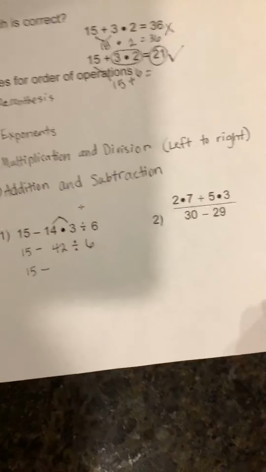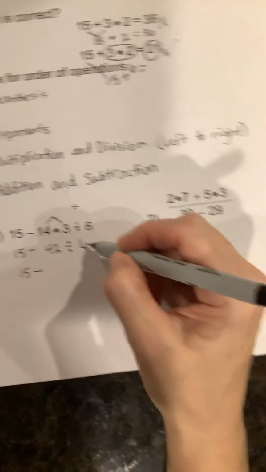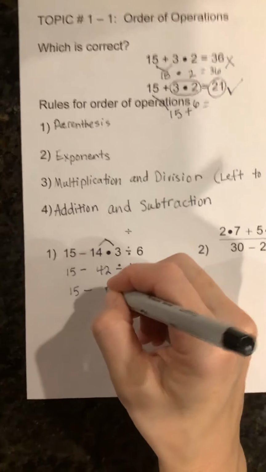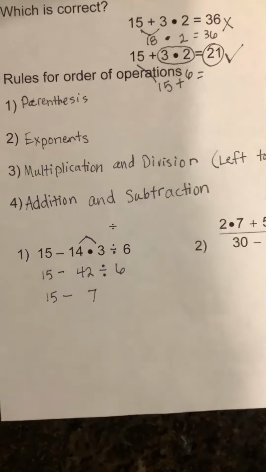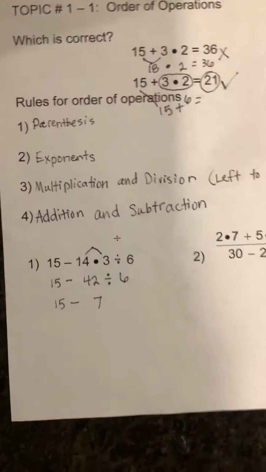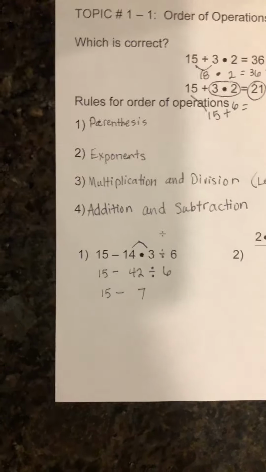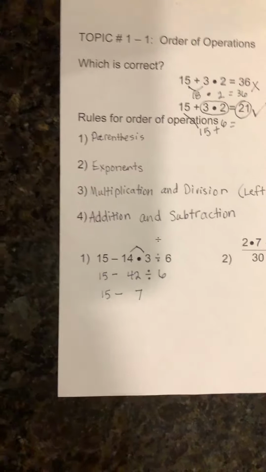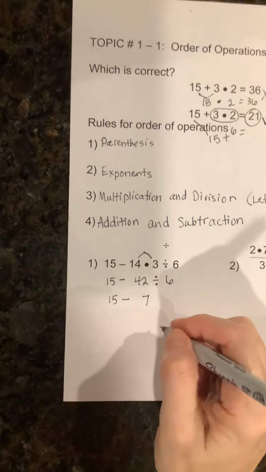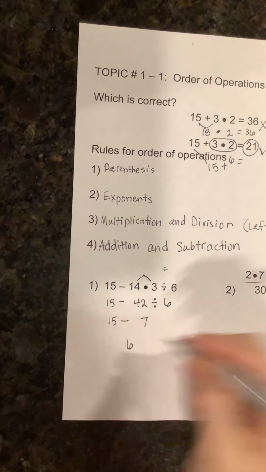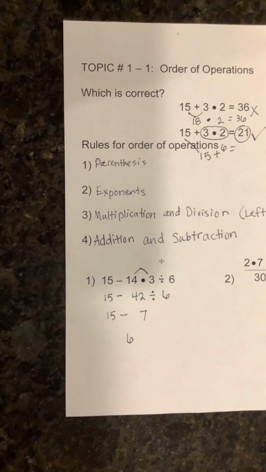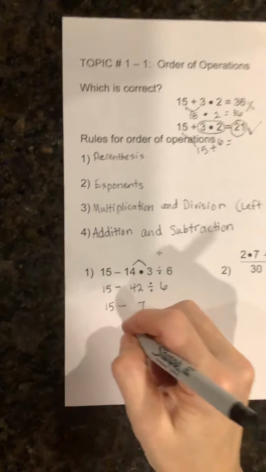Bring down that minus sign. 42 divided by 6 is 7. Okay, so now all I have left is subtraction. So when I subtract 7 from 15, that gives me 8. Sorry, 8.